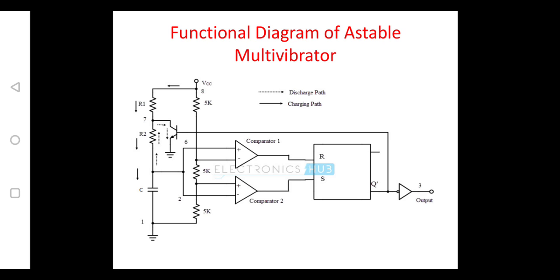Now Q bar will become 1 as the capacitor voltage has increased beyond 2 by 3 VCC, so the transistor will be in the on state and discharging begins. Once the transistor is in the off state, whatever charge is present on the capacitor now starts discharging through the resistance path of R2.